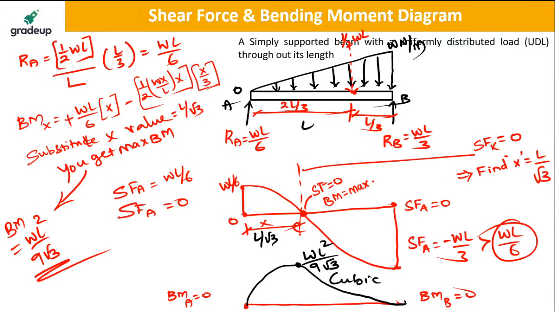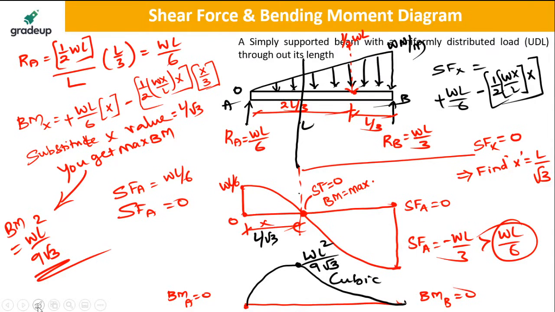How to calculate x? So write down the shear force at x. Shear force at x is equal to WL by 6. If I take a section here, this is WL by 6 upward. Whatever is given is this, minus half WX by L into x, which is this triangle.